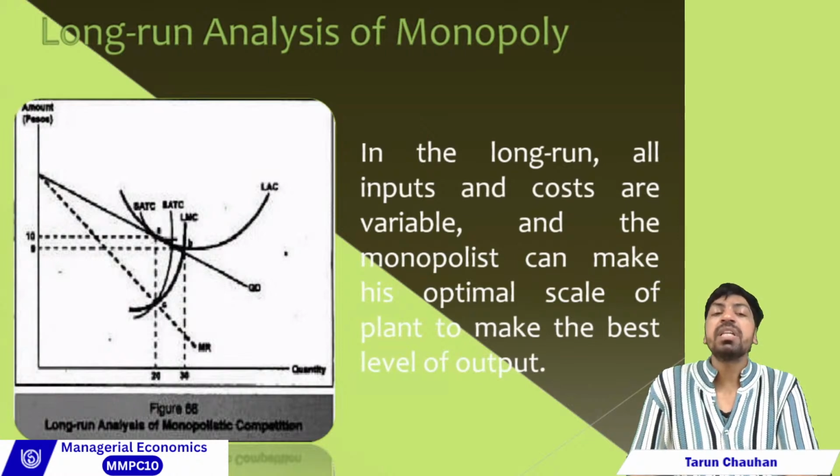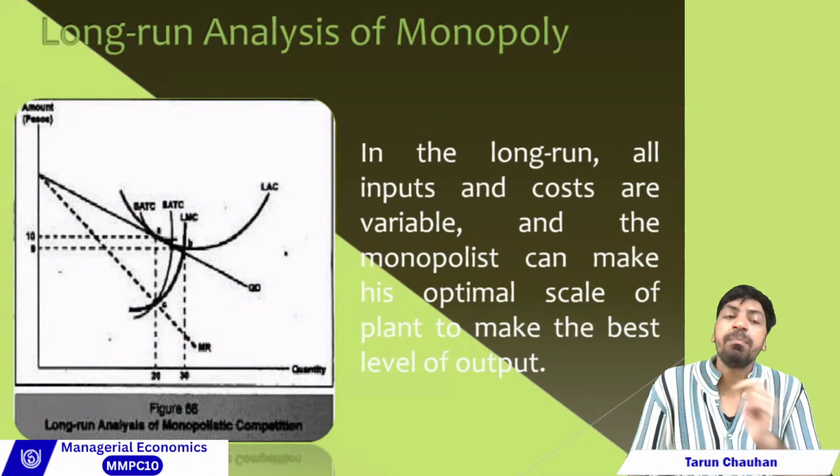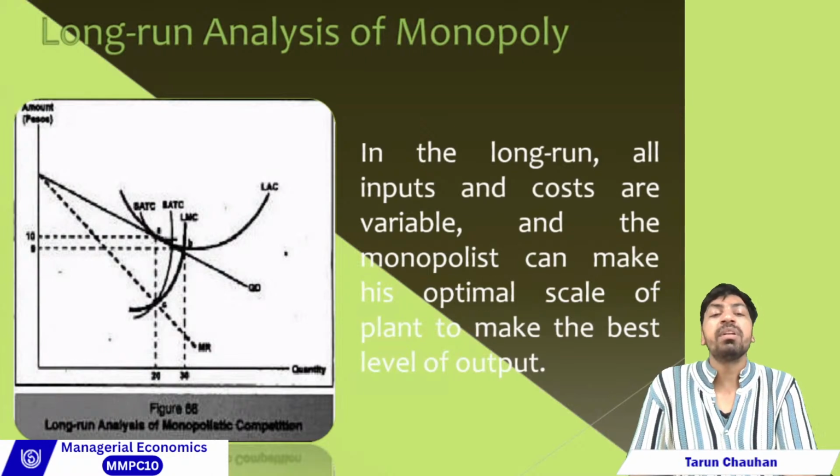The touch point, the intersect point of the long run average cost curve and the short run average cost curve, is called the equilibrium point, and when the equilibrium point comes, then the equilibrium price and equilibrium quantity will be drawn.